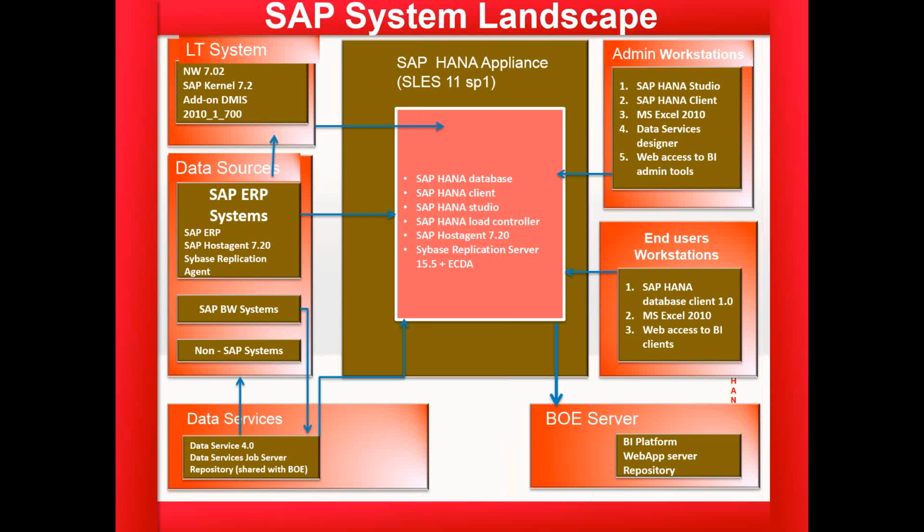The trigger-based mechanism is an RDBMS-driven mechanism. So in that case, you don't need a dedicated LT system for the trigger mechanism. Rather, you can simply interface all the ERP systems to the HANA database, and the logs that are shipped will then be processed by the RDBMS services that apply those changes into the respective tables.